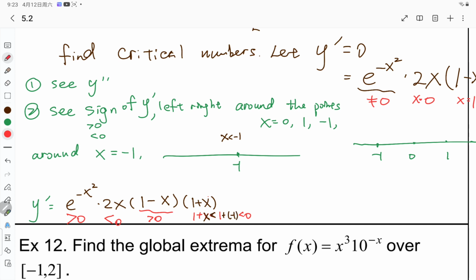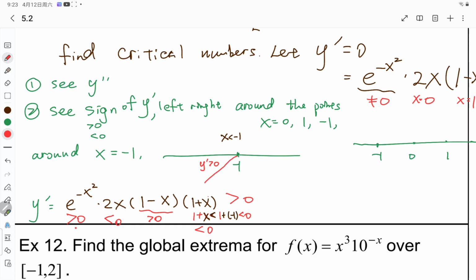So this bracket is less than 0. So we have greater than 0, less than 0, greater than 0, less than 0. Two negatives, so it's still positive, right? The whole thing is greater than 0. Greater than 0 means y prime greater than 0, so it means it's increasing, right? So I'll just note: increasing.